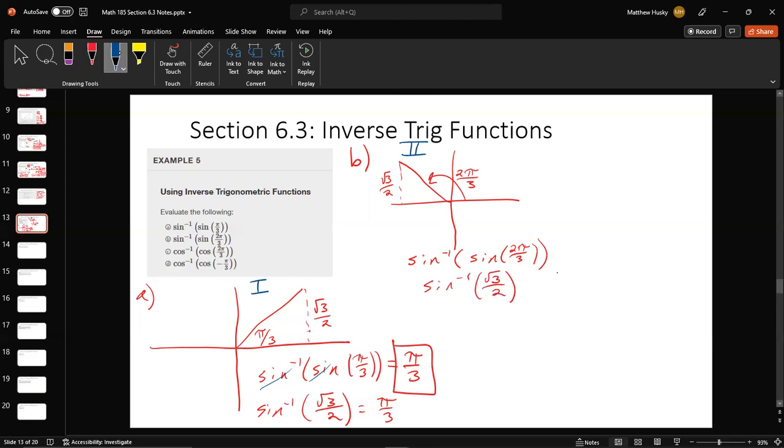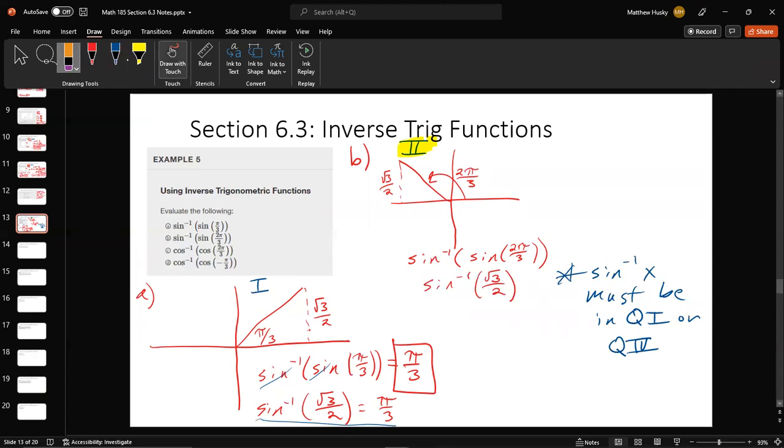And fun fact, sine inverse of any value must be in quadrant 1 or quadrant 4. Being in quadrant 2 is a problem. The sine inverse of root 3 over 2, we actually found that earlier. That's this.